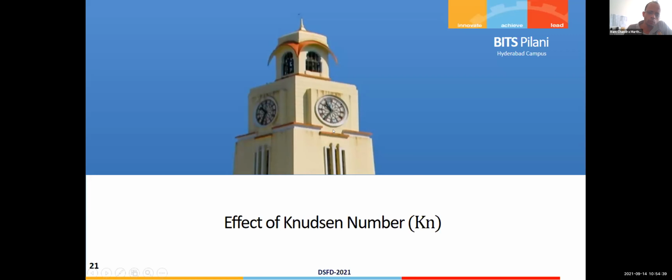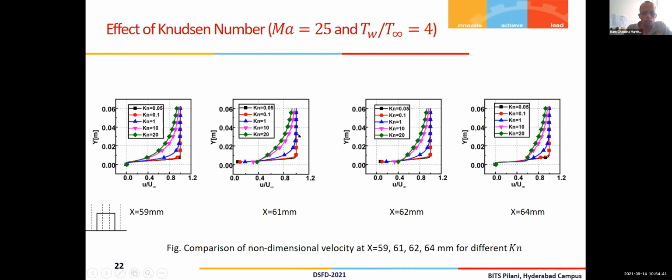So coming to the effect of Knudsen number, here we have the non-dimensional velocity captured across different y locations at these different x locations. So at these four sections, x coordinates, along the perpendicular direction, that is vertical direction, we have plotted the non-dimensional velocity u by u infinity for different Knudsen number.